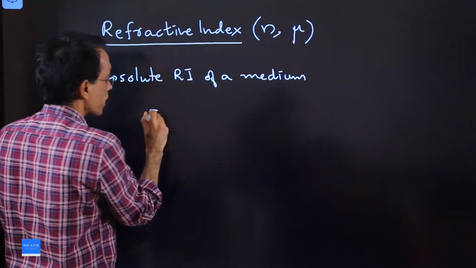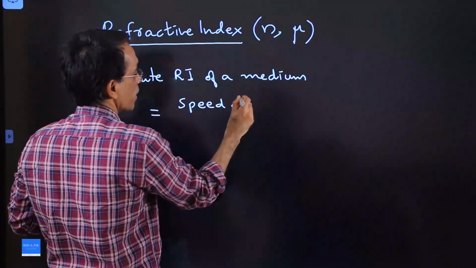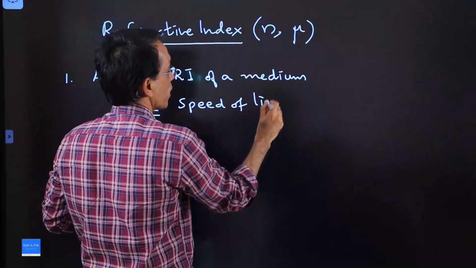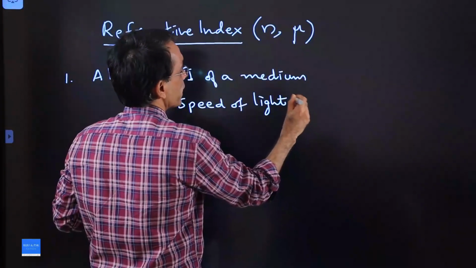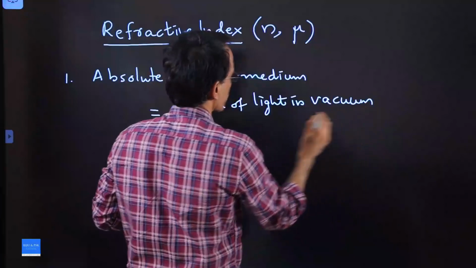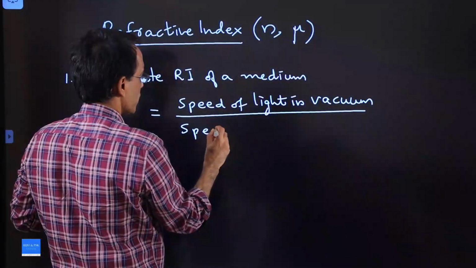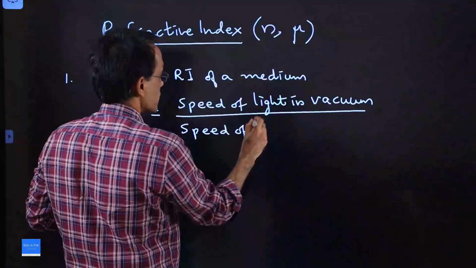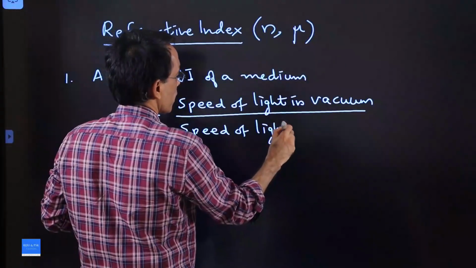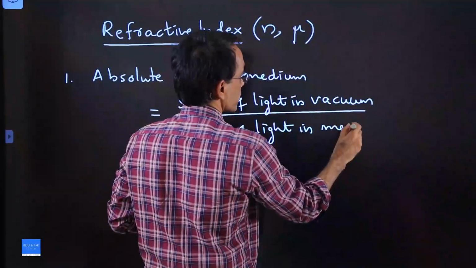It is the ratio of the speed of light in vacuum divided by the speed of light in the given medium.